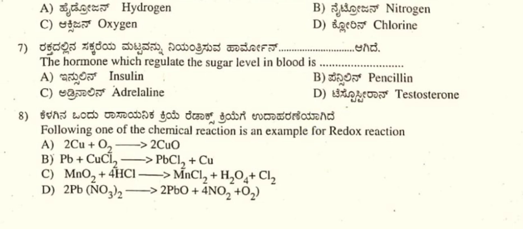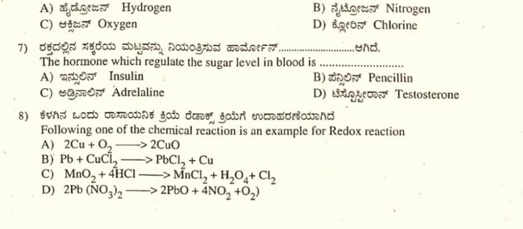Now, eighth question let us take. Which reaction is an example for redox process? As per your textbook, gaining of oxygen is oxidation. So the first option Cu plus O2 gives CuO is oxidation. Pb plus CuCl2 where Cu loses the chlorine.